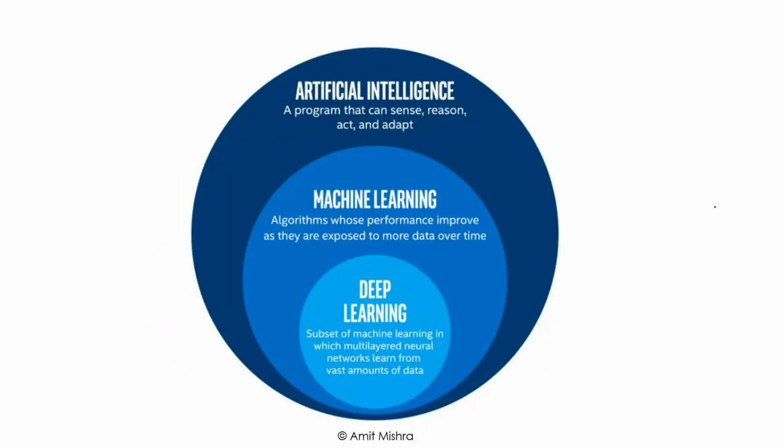Now let's compare where exactly deep learning exists. This picture says a lot. Artificial intelligence is the bigger set, and machine learning and deep learning are subsets of it. You can see that deep learning is the smallest of all. There is a reason.